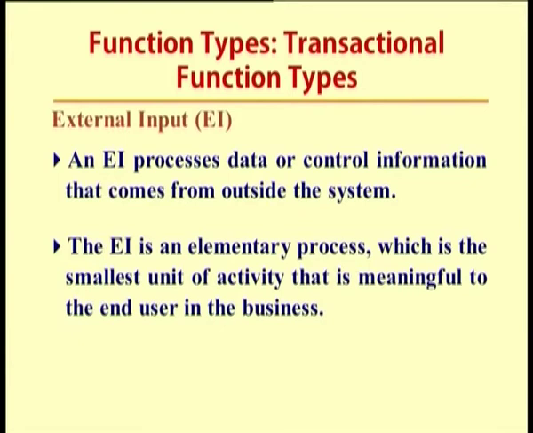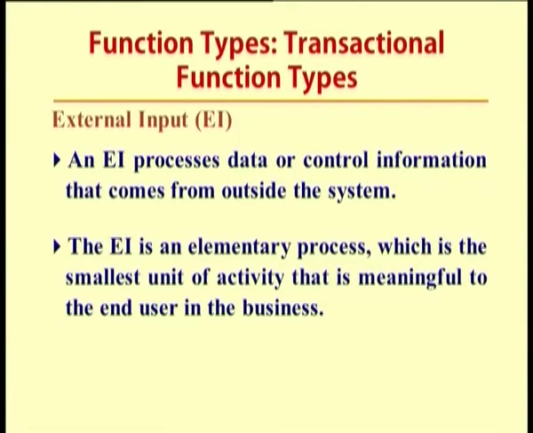This EI is an elementary process, which is the smallest unit of activity that is meaningful to the end user in the business. Whatever the user wishes to give initially from his input end will be given as an external input, which is of transactional type, and what he gets out of the system would be of external output type.